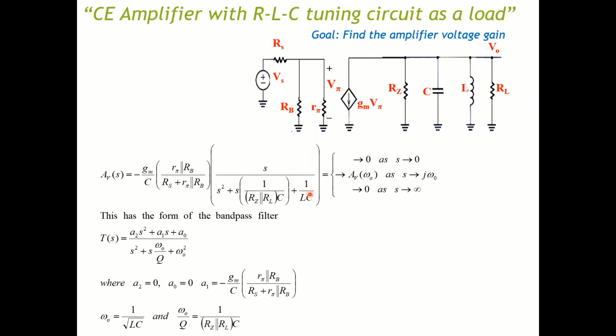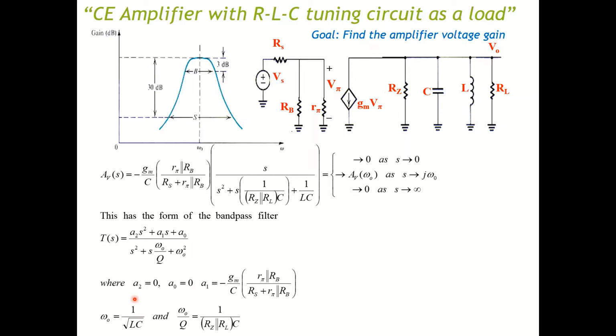So now we know that this transfer function has the form of a bandpass filter. Okay, we put in the form for the bandpass filter. We're going to cheat a little bit here. We figure out that a bandpass filter looks like this. This is low frequency, gain goes to 0. High frequency, gain goes to 0. In the middle, there is a resonant frequency.